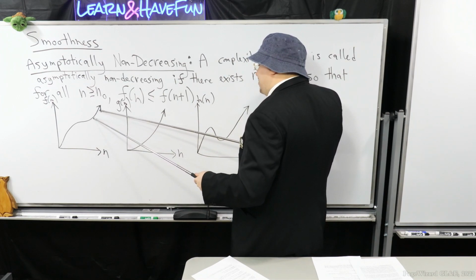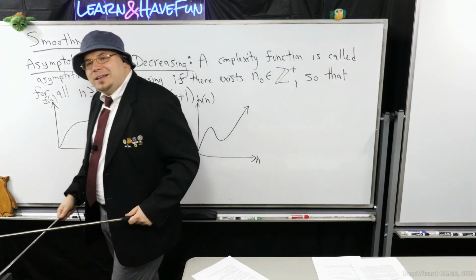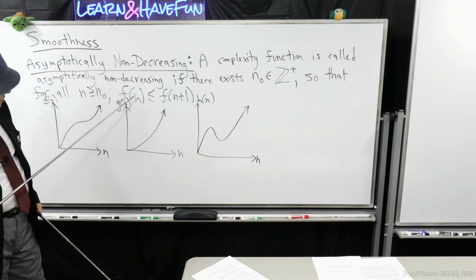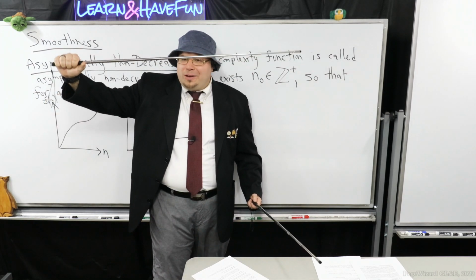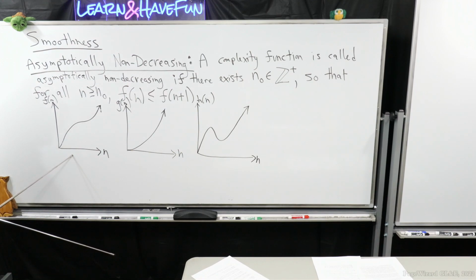It only goes up or it goes flat. Meaning if you plot it out, at least if we're talking about a function with only one input like this, it will go up or it will remain flat. So this is an example of what we would call a non-decreasing function.